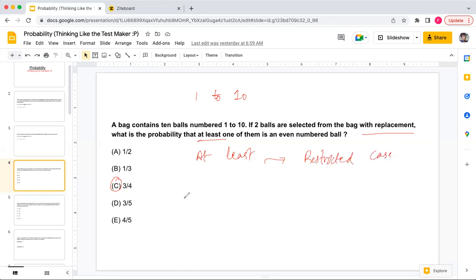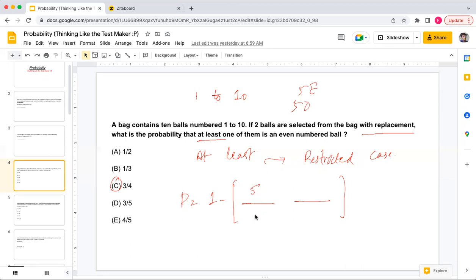Right? So to solve the restricted way, now how can I do this? What are the possible ways I can select the first one? 5. Because there are 5 even and 5 odd. I'm considering a case in which there is no even, right?